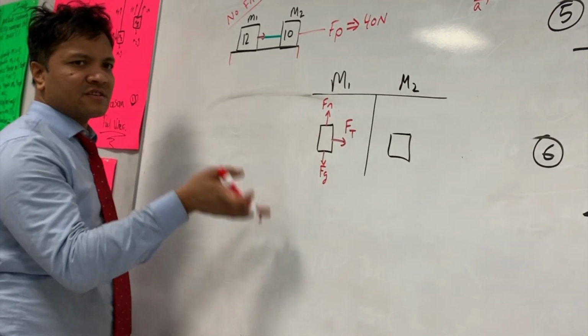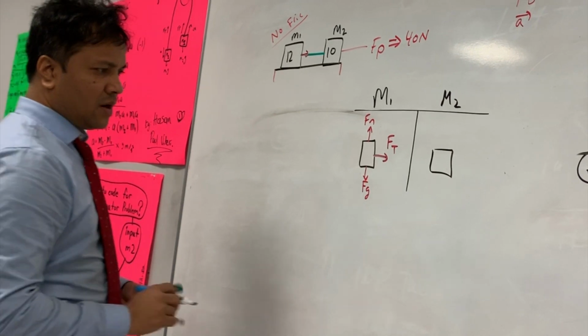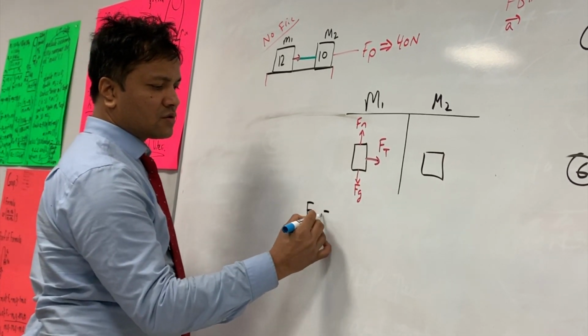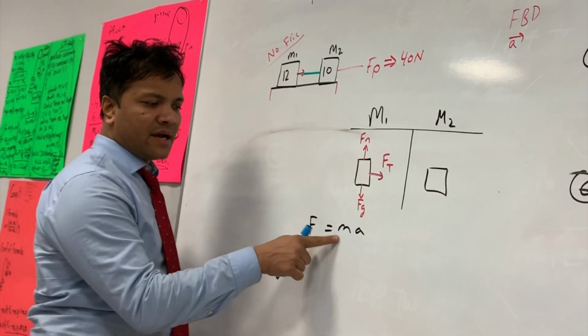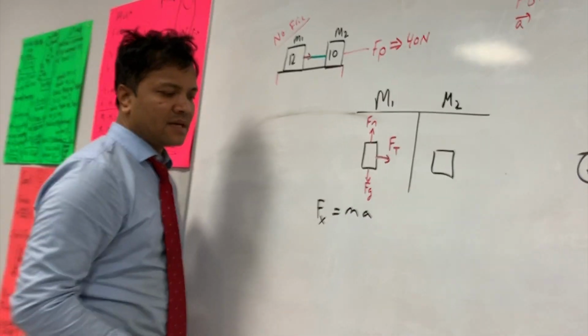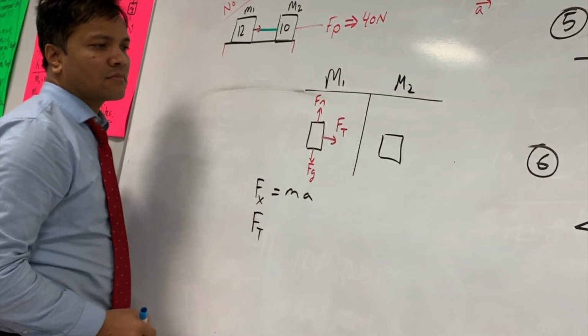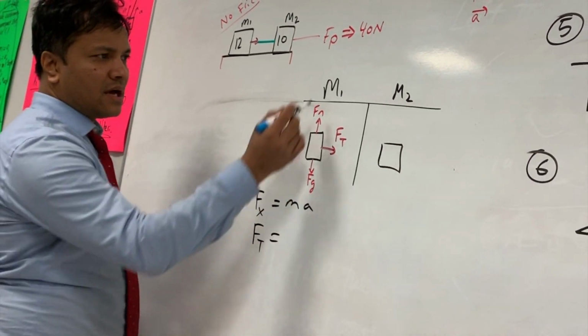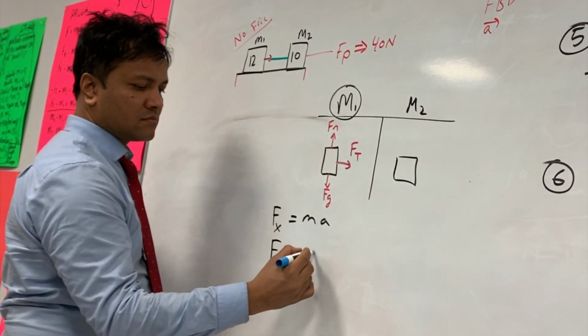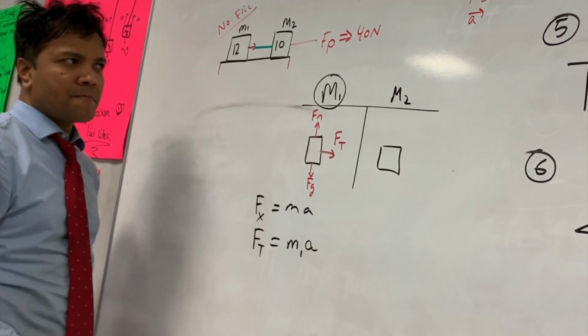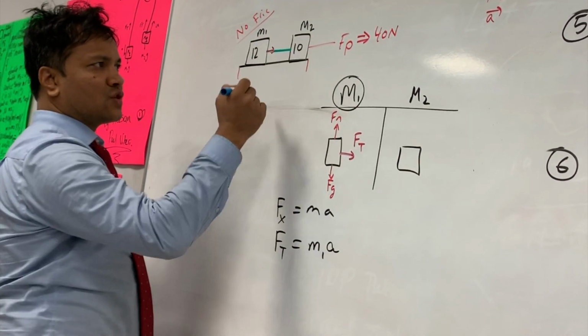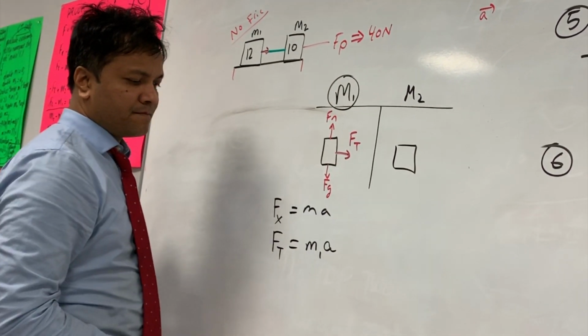But there is no acceleration in the y direction. So now I'm going to write F is equal to ma in the x direction. How many forces? Ft is equal to m1a. It's acceleration to the east, so I'm going to have positive a.